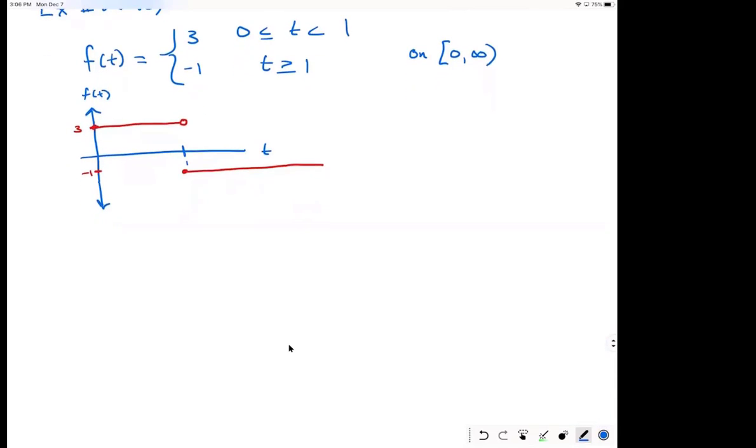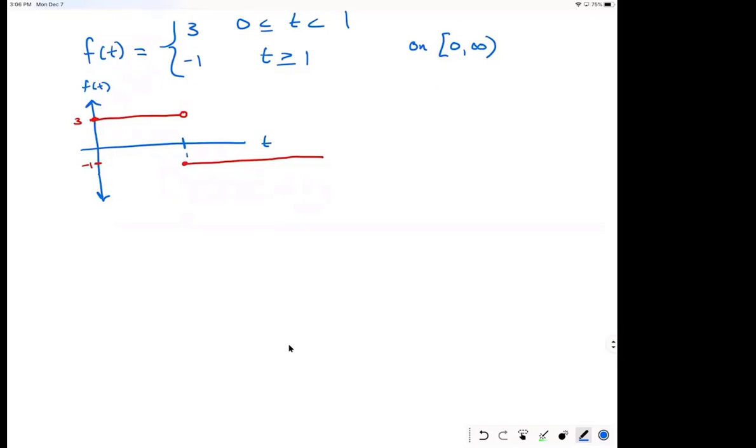And now I want to convert that into this unit step function, or this Heaviside notation. So I'm going to think of this as on from t between 0 and 1. So it's on between 0 and 1, and then off, right?